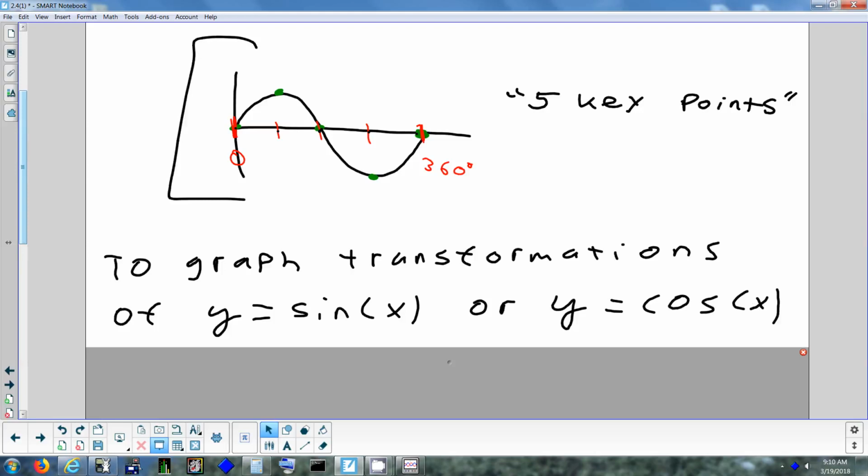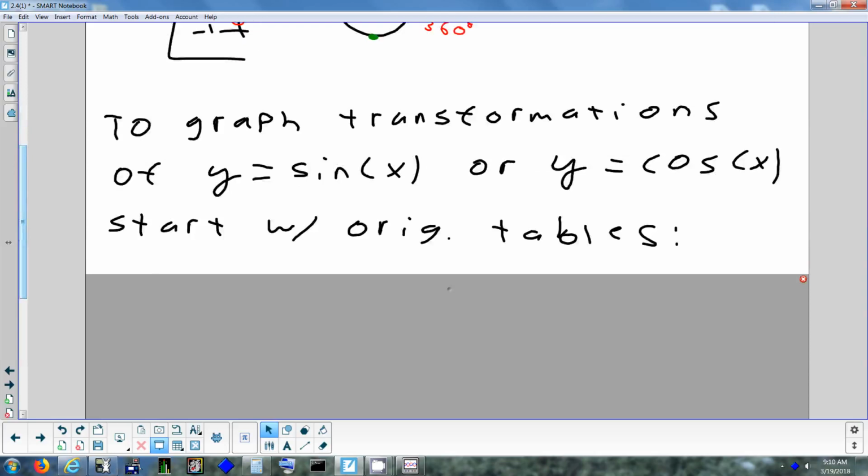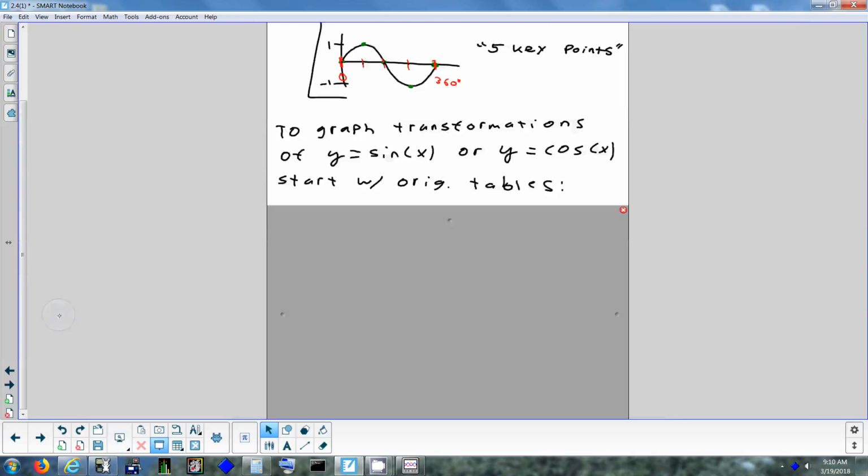Okay, so we're going to write down the coordinates of those 5 green dots you see in that picture, and we're going to put them in a table. What you're looking at right there is the graph of sine.